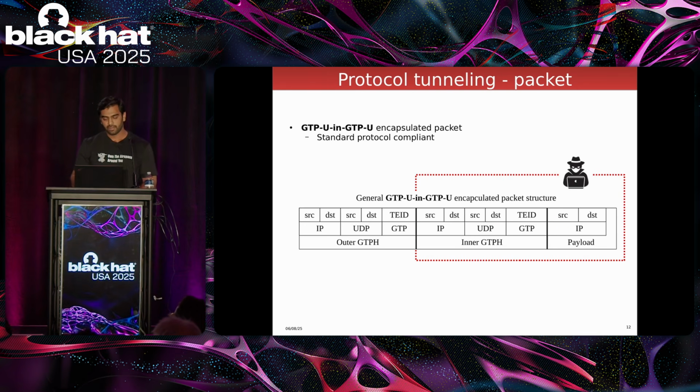A tunnel packet actually looks like this. You have an outer GTP header, which will be added by the base station, and then the attacker creates this tunnel packet where he purposefully adds an inner GTP header plus a payload. The payload can be any IP traffic or any other custom protocol that's understandable inside the core network.